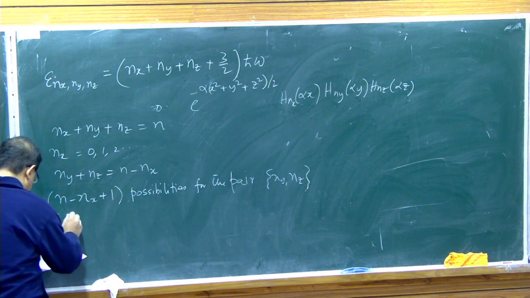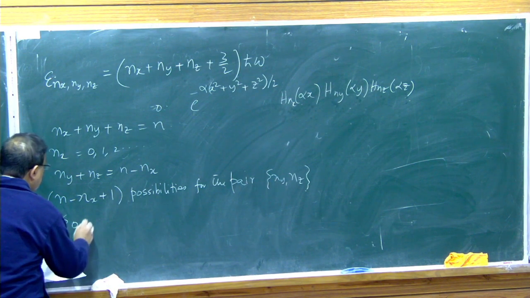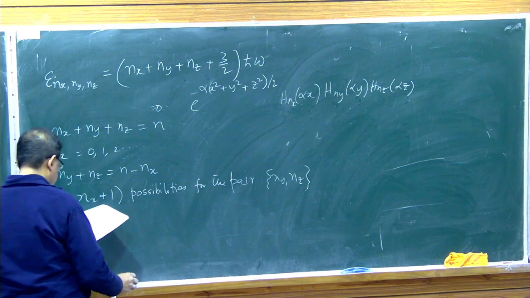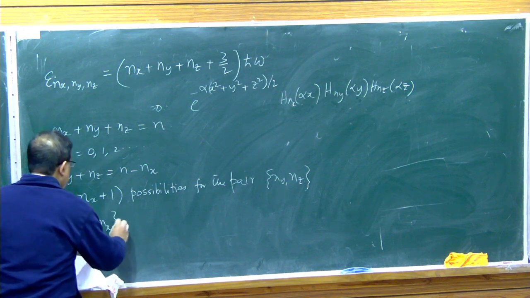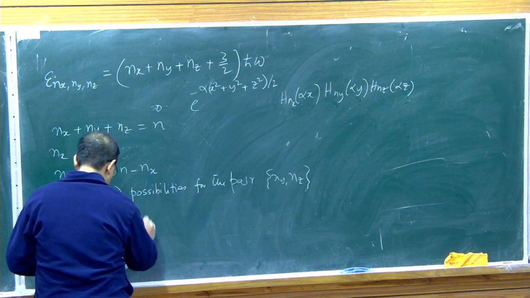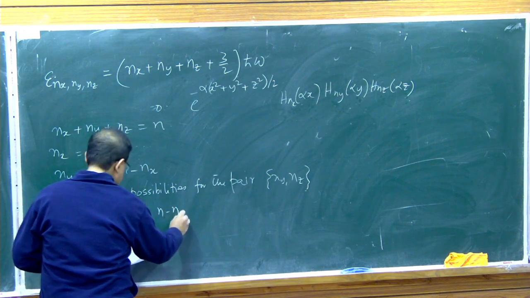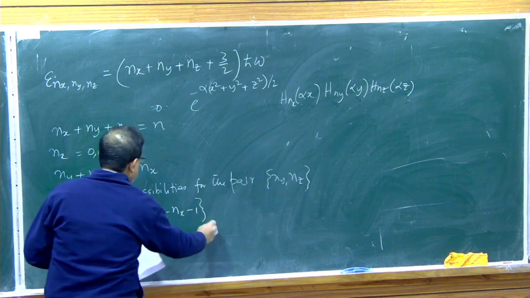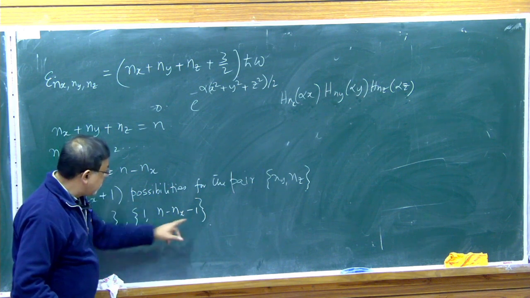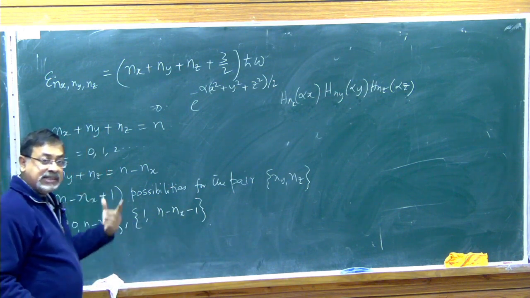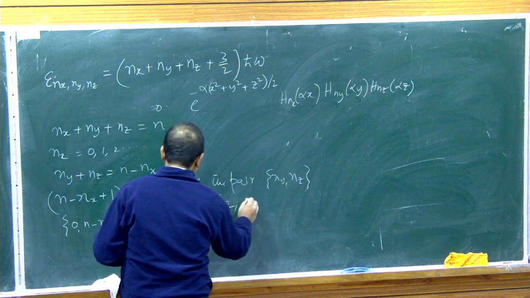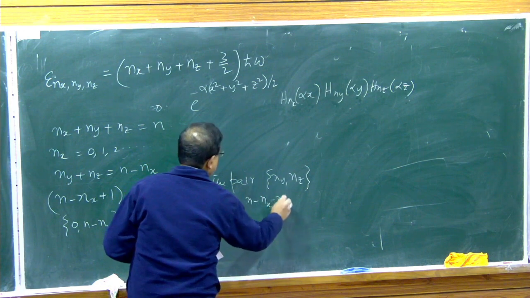Let us see: this could be 0, n minus nx, which are the two possible values of ny and nz, or this will be 1, n minus nx minus 1. That is ny equal to 1 and nz equal to n minus nx minus 1, such that nx plus ny plus nz is equal to n, and the third one could be 2, n minus nx minus 2, and so on.